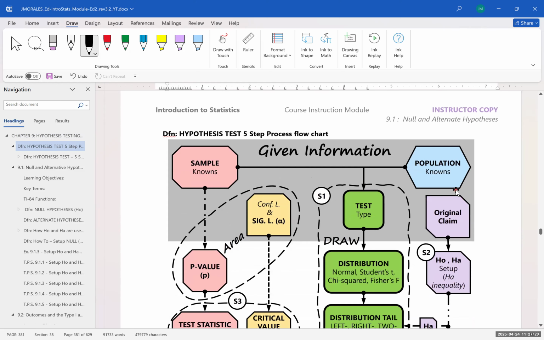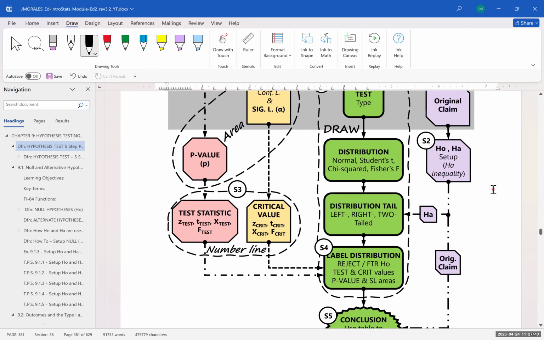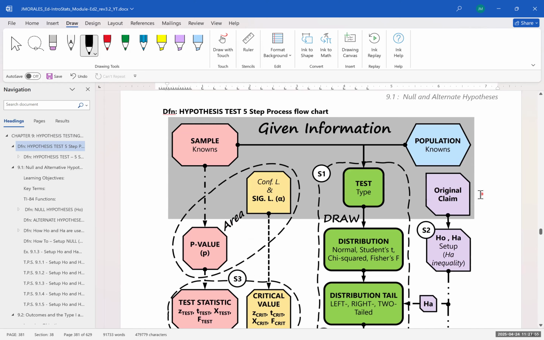All right, now the next 2 pages are 2 different ways of conducting a hypothesis test from beginning to end. So this is more of a flow chart. This is what we call a graphic organizer, a flow chart of the different steps involved in conducting a hypothesis test.